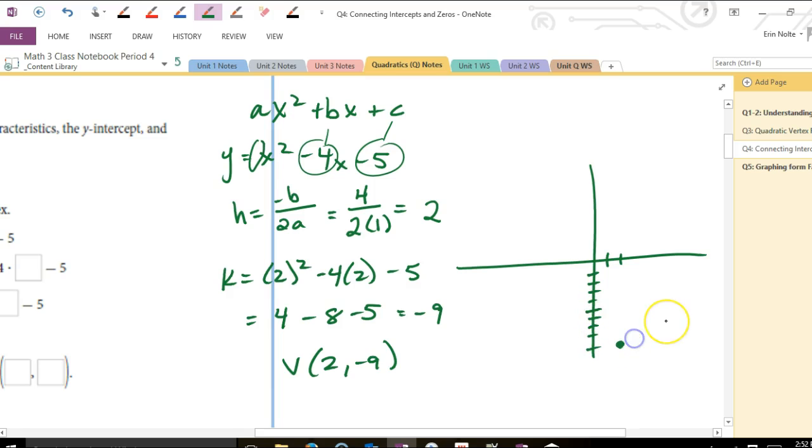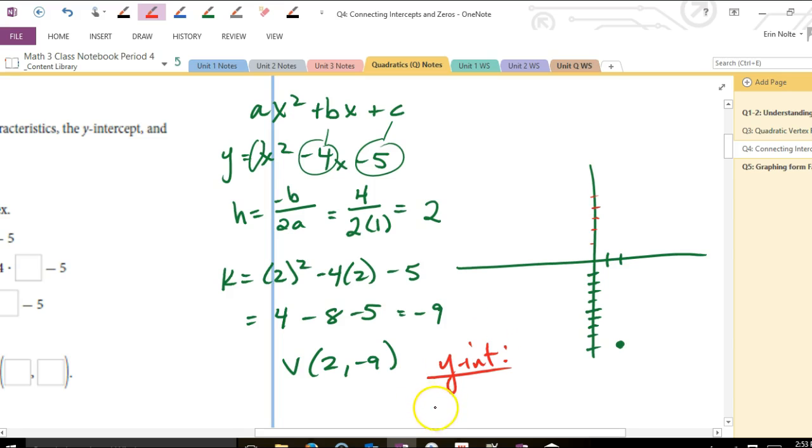Right there. Another easy point for me to find would be the y-intercept. Let me show you how you find the y-intercept. If you think about any value that exists on the y-axis, this one right here, what do you know about the x value of any point on this? The x value will always be 0.